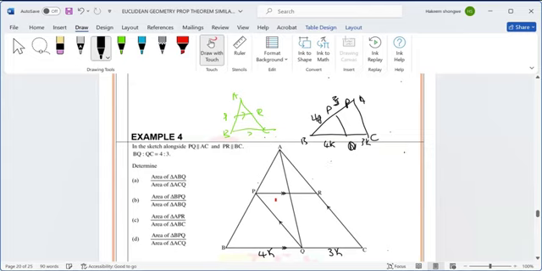So I'm going to write it down: it means BQ over QC equals BP over PA, and this is equal to 4 over 3. When they ask us why, we say it's because we have a line parallel to one side of a triangle.